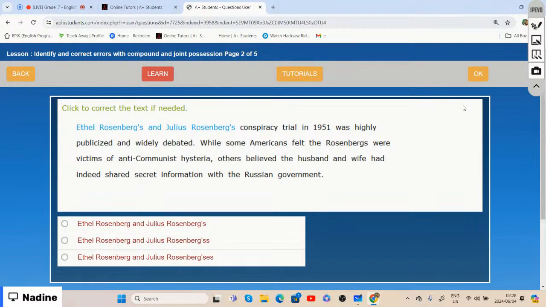Remember, we said that when it comes to compound words, right, where two words are joined together, like for example, in this case, Ethel Rosenberg and Julius Rosenberg, right?